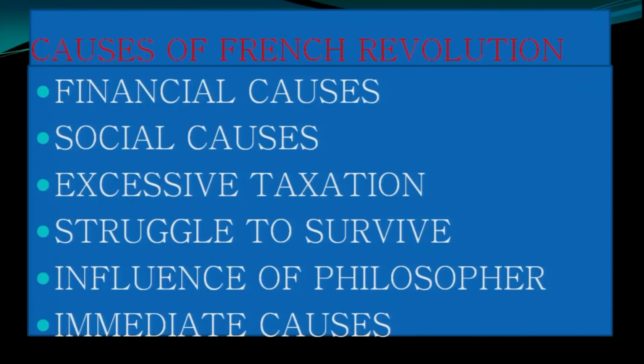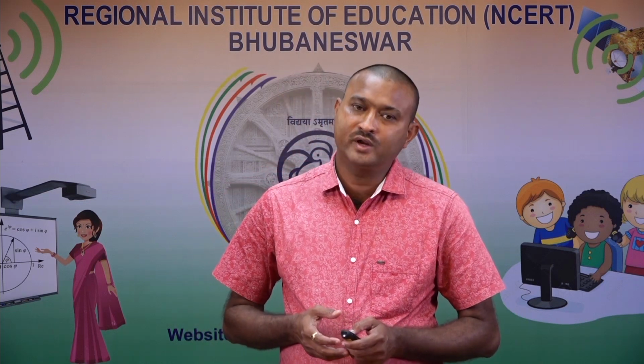Out of them, the most important are financial causes, social causes, excessive taxation, struggle to survive, influence of the philosophers, and immediate causes. Students, today we are going to discuss all these causes one by one.